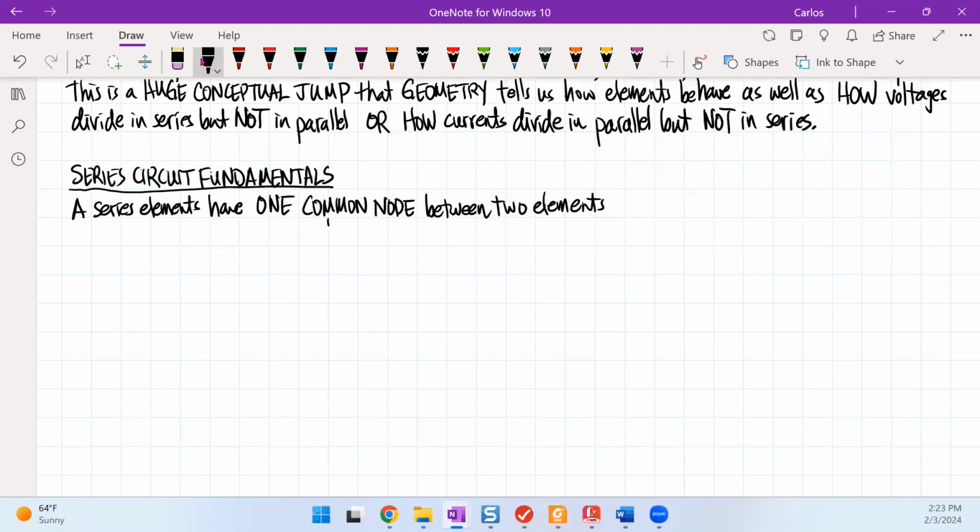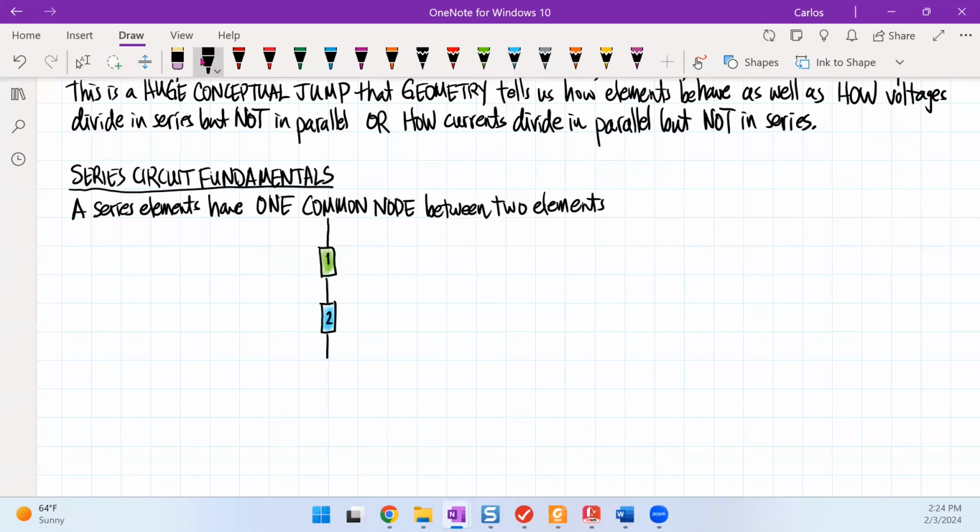So if I have a wire and then I have one element connected to a second element like this, you're going to see that this element is different from this element, and we'll call this element 1, and we'll call that element 2.